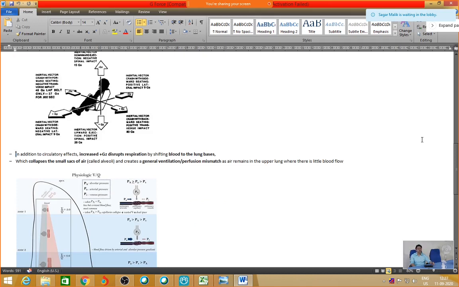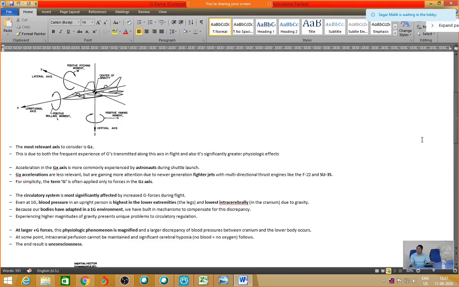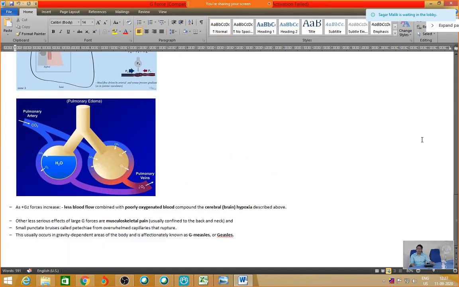This is also a problem we should be aware of, besides the unconsciousness which may occur due to poor cerebral perfusion. And thirdly, because the muscles, joints and bones are also important for maintaining posture, they require a certain amount of perfusion. If there is an alteration in the blood flow, then the muscles may become flaccid or anoxic.